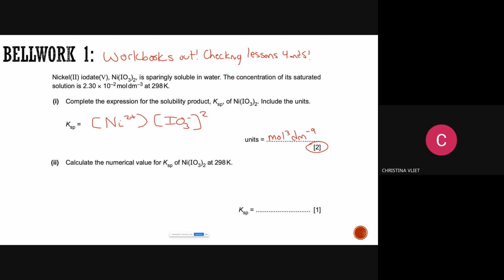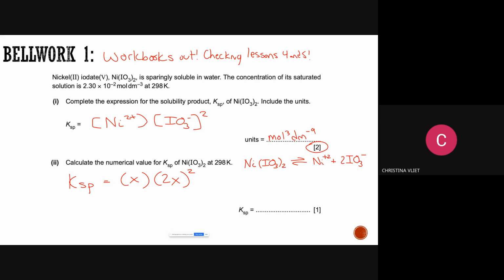All right, so then the next one is to calculate the numerical value of KSP. I just did it this way. KSP equals x times 2x squared. How many of you are just going straight to do that? If you're not, then you're doing this, right? Nickel 2 plus, 2 IO3 minus, and you're setting up your equation.